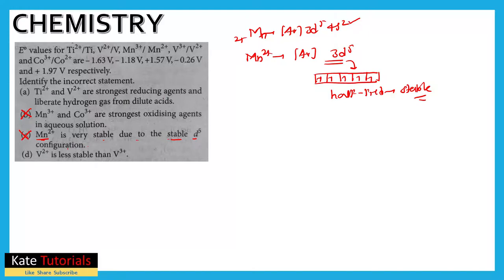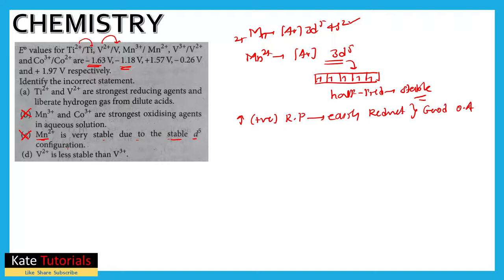If you see the reduction potential value, titanium is negative, and vanadium 2+ to vanadium is negative, minus 1.18 volt.